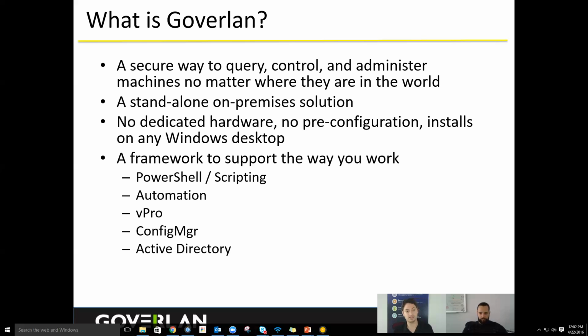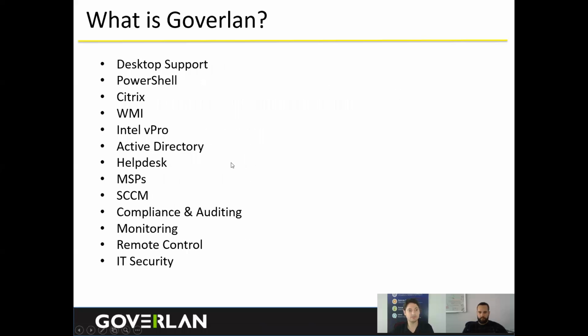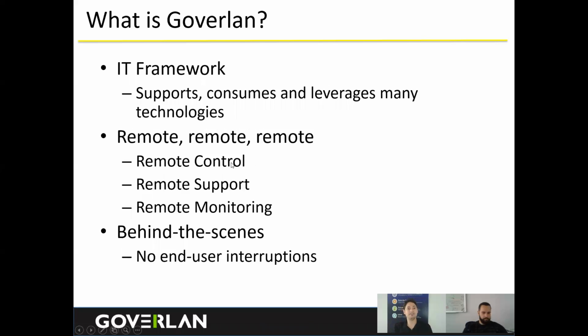We work nicely with things like Active Directory, Configuration Manager, stuff like that. And then we're an IT framework, so we support, consume, and leverage many different technologies, and we're all about remote. We're all about keeping techs in their seats, no desk side visits, no running over to servers to get stuff done. Communicate with all your machines from your Windows desktop.